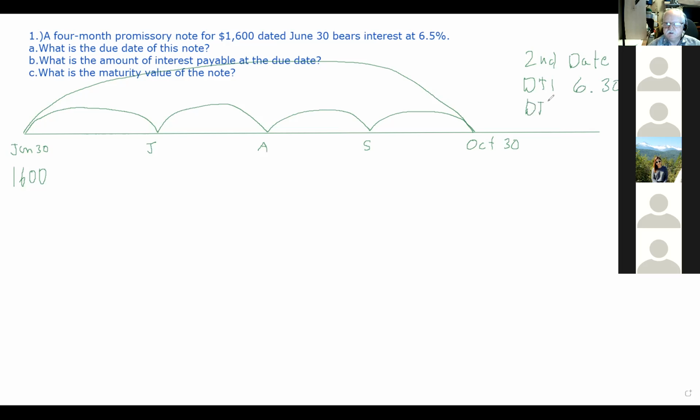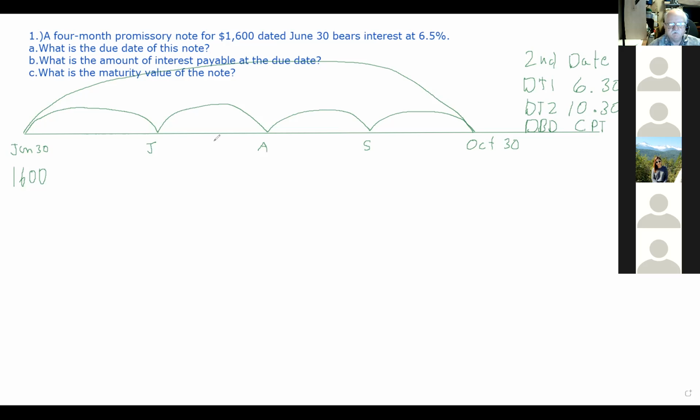Then we have DT2, which we decided is October, the 10th month, 30th, 2021. Enter and down. Then we're looking at DBD, days between dates. We go compute, and we found out it was 122 days.